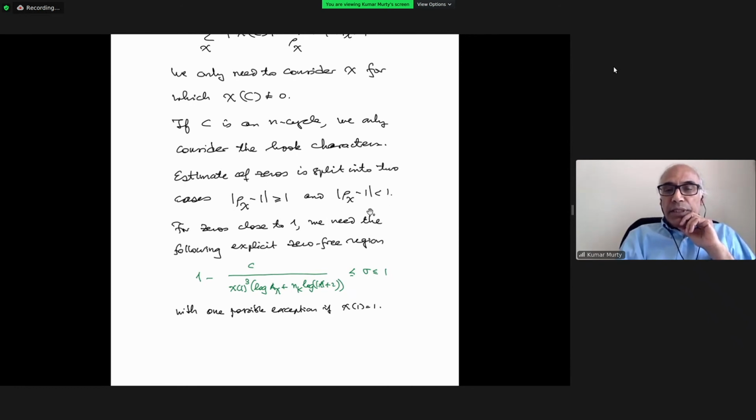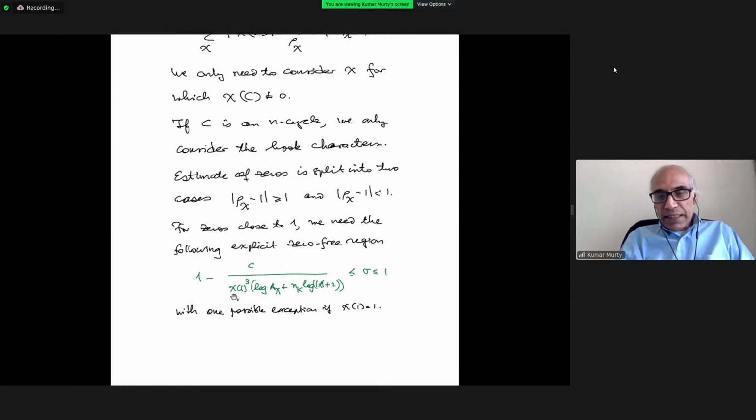Here now we need an explicit zero-free region that I proved some years ago. This is sort of the generalization of the old Landau type zero-free region for abelian L-functions. So it's 1 minus a constant over the degree of the character cubed, times log of the Artin conductor plus the degree of the base field times log(|t|+2).